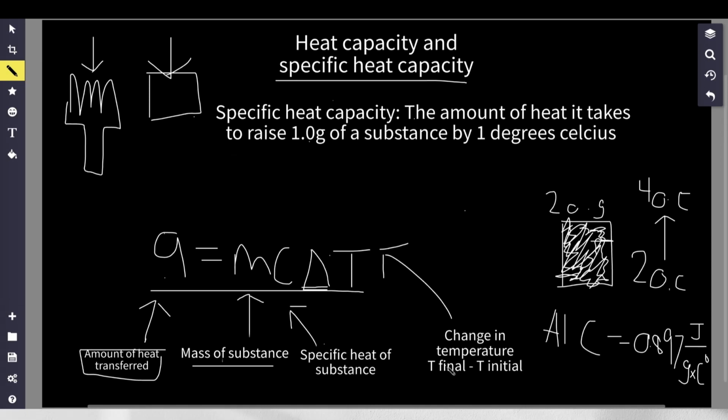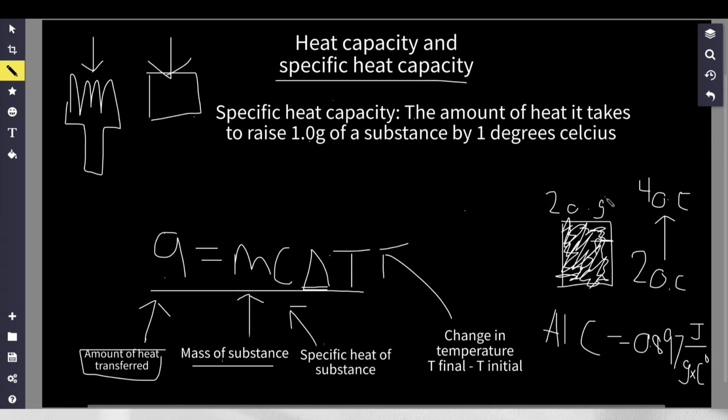Now you might be wondering what this formula is used for, so let me show you an example. Say that we have this aluminum cube right now, with a mass of 20 grams. Now we want to raise the temperature from 20 degrees Celsius to 40 degrees Celsius.